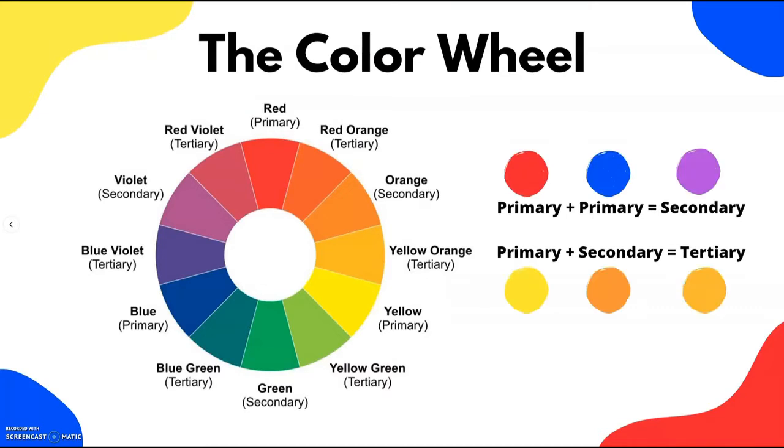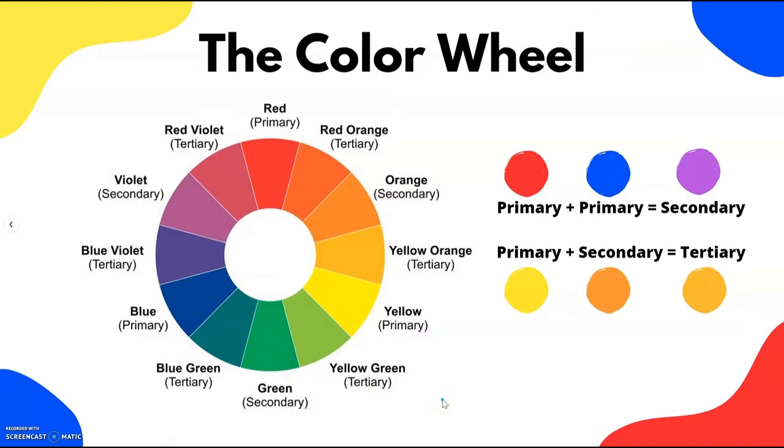Now, in the color wheel, there are 3 main parts to it. The first part is its primary colors, and the primary colors are red, yellow, and blue. The next colors are when you mix the primary colors together to create your secondary colors. So we have our secondary colors: orange, violet, and green.